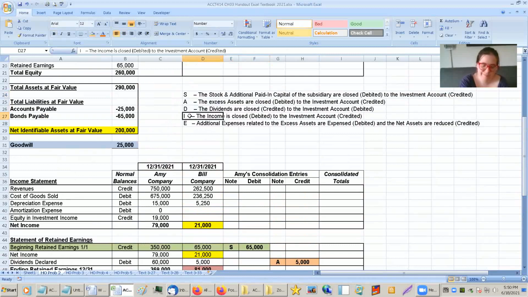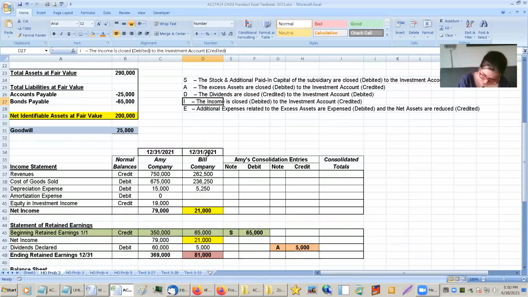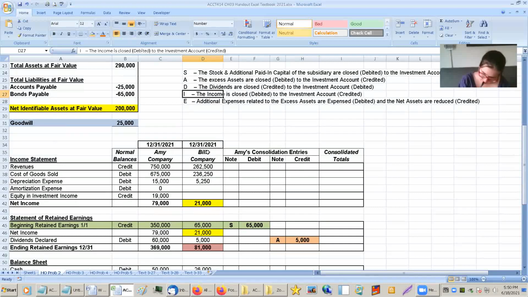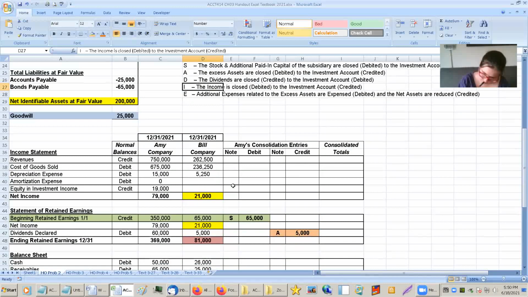Income. Okay, so the income we have to take off, and remember the income gets added to the investment as a credit. So the income that we put on the books here, $19,000, we have to take off.